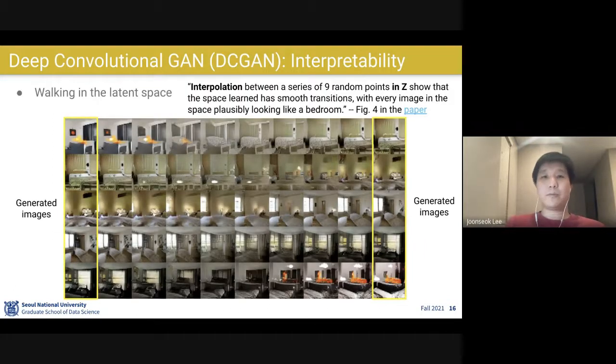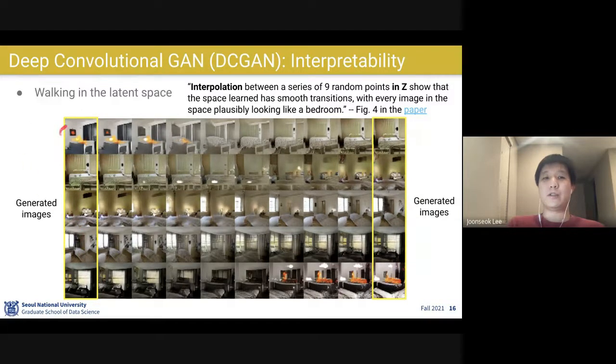And another interpretability experiment was like this. From some bedroom data set like this, they try to generate some images, and they are shown in the leftmost and the rightmost. So those yellow boxed images are actually generated from this model.